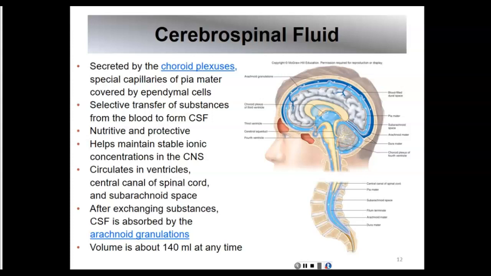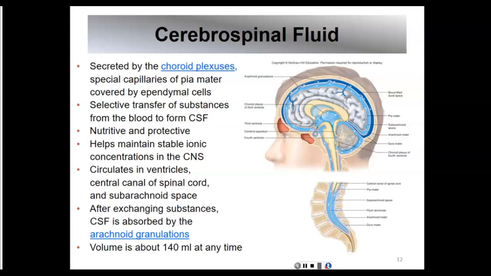If you get a spinal tap measurement, they will draw cerebrospinal fluid out of your lumbar spine, typically, because that's where you have a larger subarachnoid space, and that measurement will tell if you have an increased amount of fluid from trauma or if there's an infection, like a meningitis.